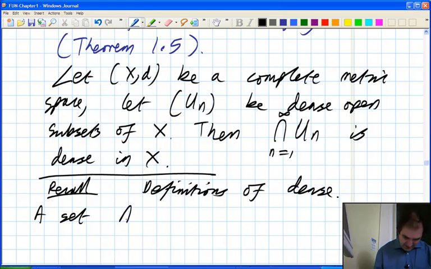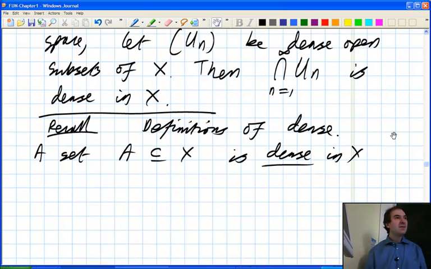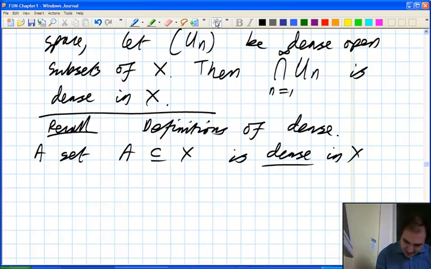A set A contained in X is dense in X if for every open set in X, the intersection between that open set and A is not empty. Okay, so that is nearly perfect. Let's write down that, and then we'll see if there's one missing word.